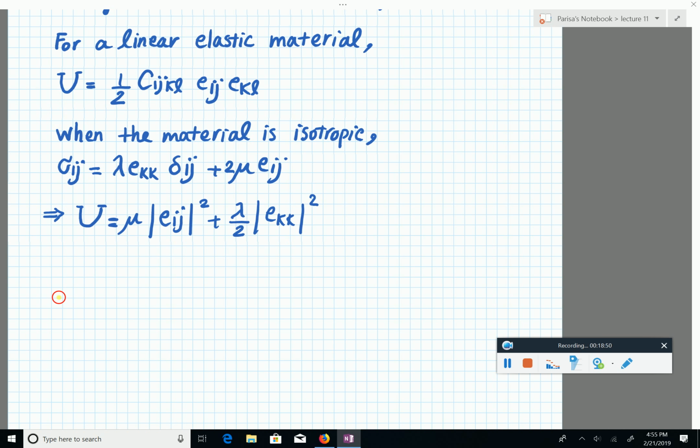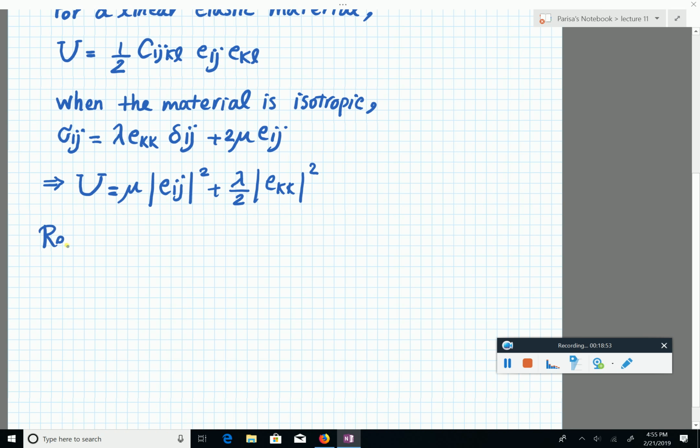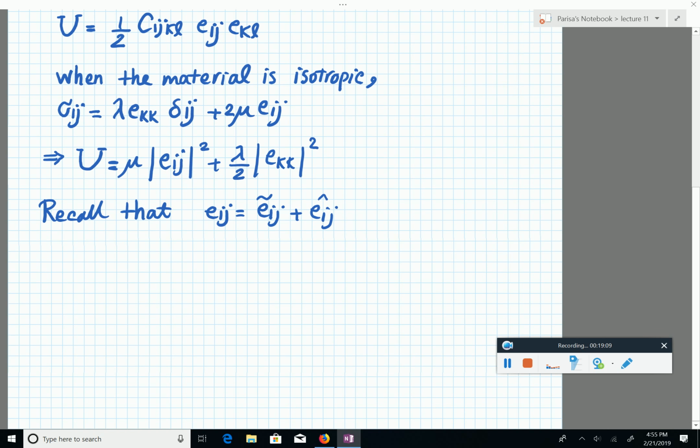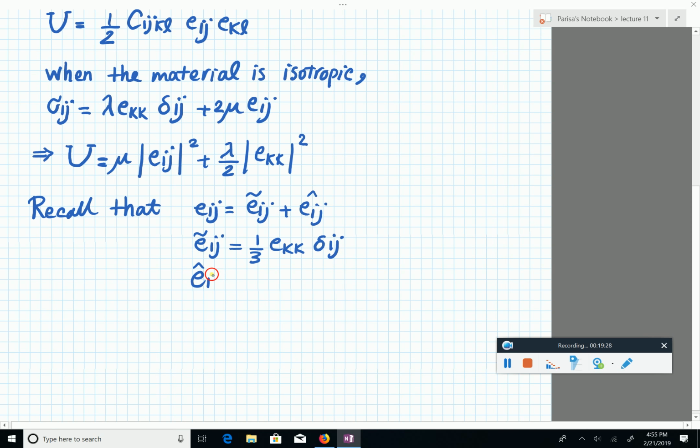So quickly, recall that we defined E tilde and E hat such that E tilde was the part which has something to do with the volumetric change, delta ij, and E hat is the rest.